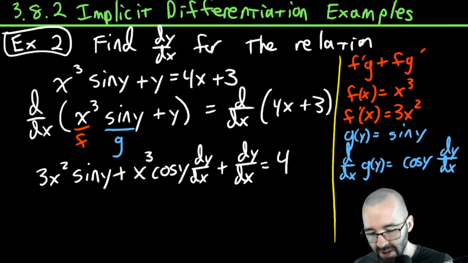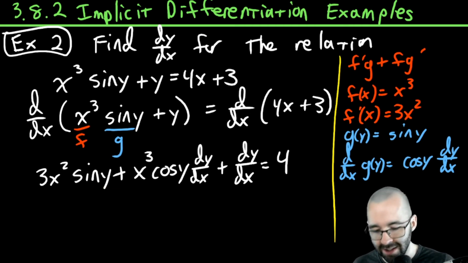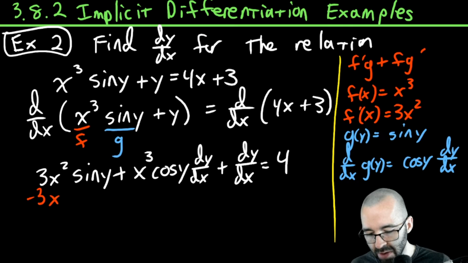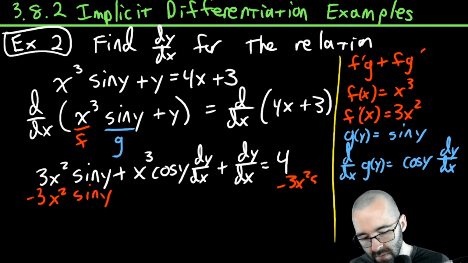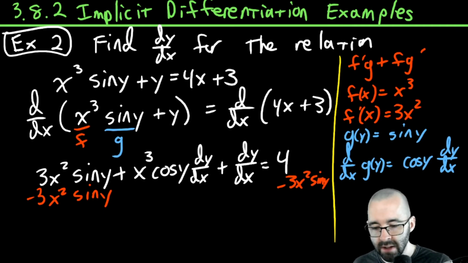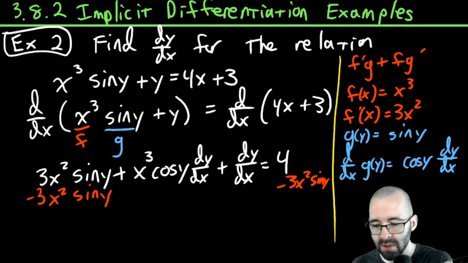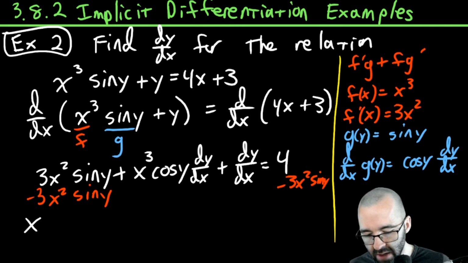Okay, so this term doesn't have a dy/dx, lob it over to the right. So we're going to have to subtract it from both sides. And then I think that should be it, right? Everything else, that's in the right place, that's in the right place, and that's in the right place. So good. Step 2 should be complete now.